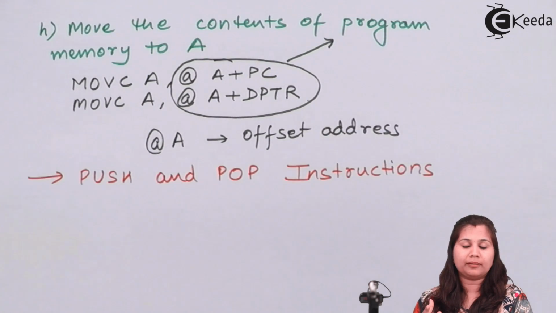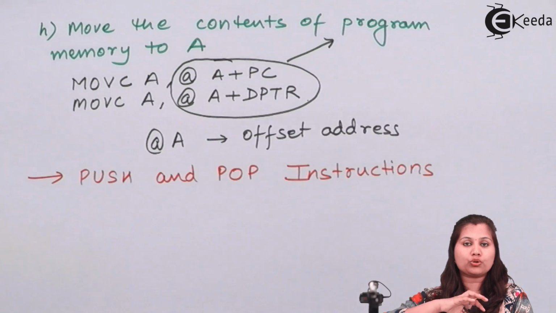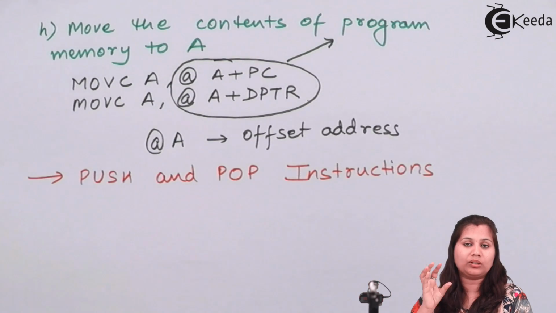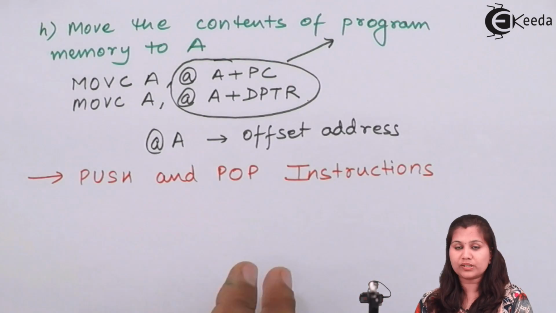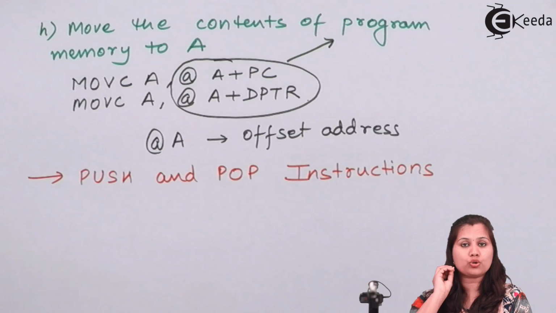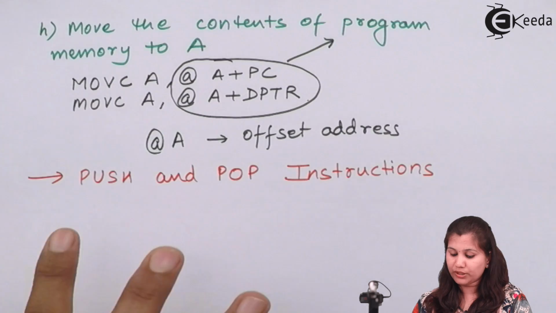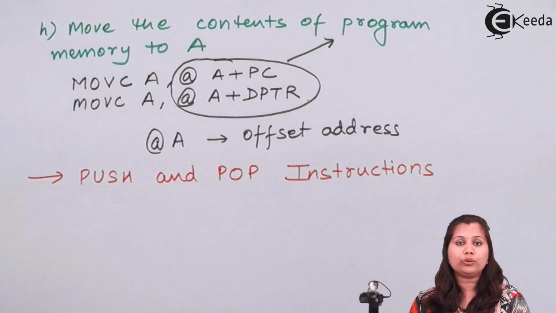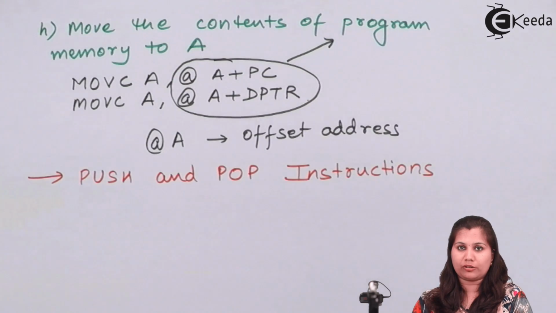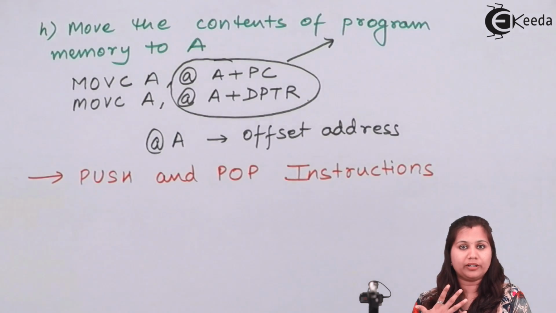Whenever microprocessors or microcontrollers are dealing with interrupts, they have to execute the interrupt service routine. To store the contents of the program counter and the flag register, they use the stack. To store any data in the stack, we use the push instruction, and to retrieve the data from the stack, we use the pop instruction. So push is used for storage and pop is used for retrieval.